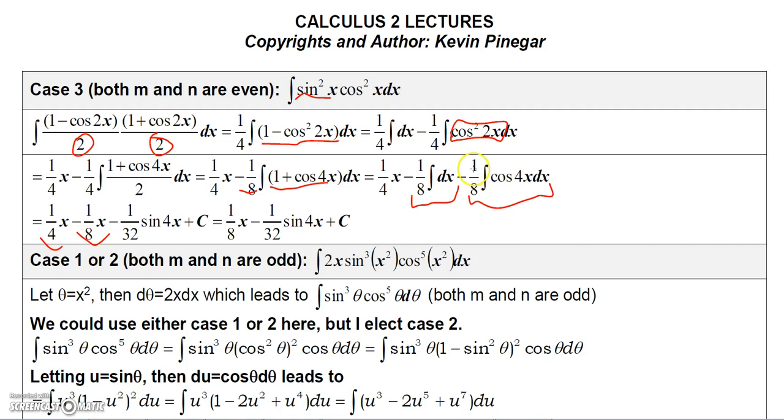And if you multiply that by 1/8, sine 4x over 4 times 1/8 would be sine 4x over 32. And of course, I had a minus in front of the integral, so it'd be minus sine 4x over 32 plus a constant. And let's see, also 1/4 x minus 1/8 x can be combined as just 1/8 x. And so the final answer is 1/8 x minus 1 over 32 sine 4x plus a constant.